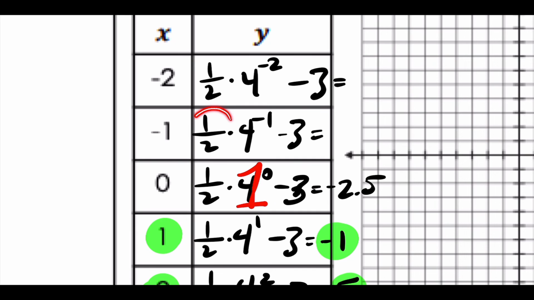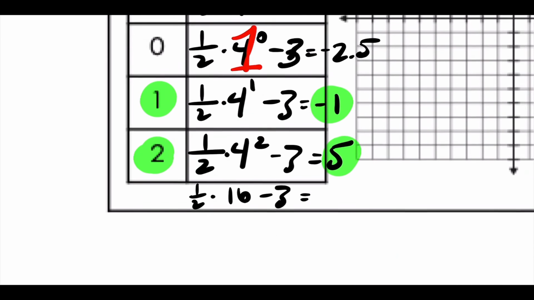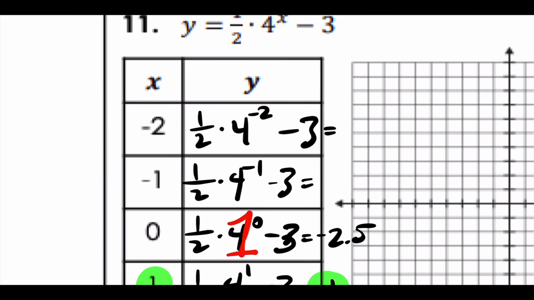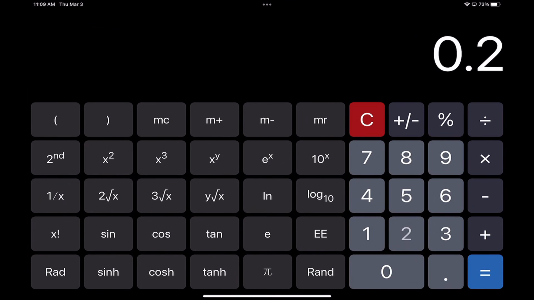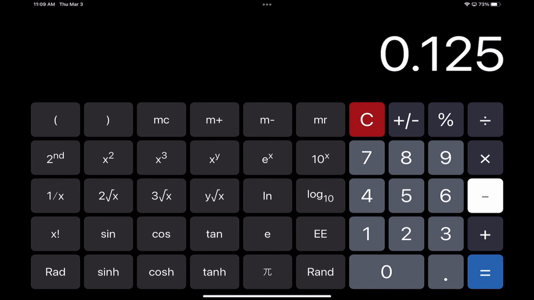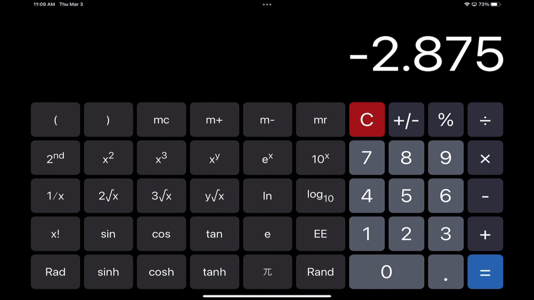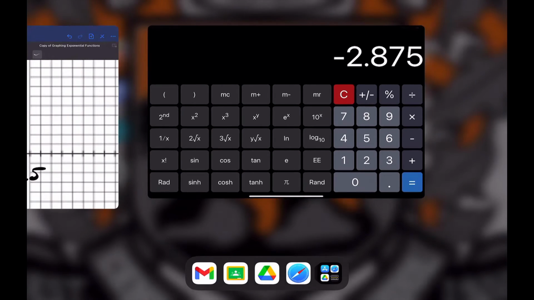So I'm going to go 1/2 times 0.25, so 0.5 times 0.25 -3, equals -2.88. I'm going to round 2 spots, -2.88.